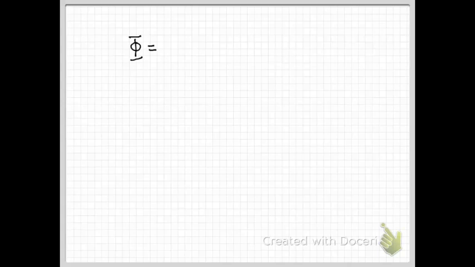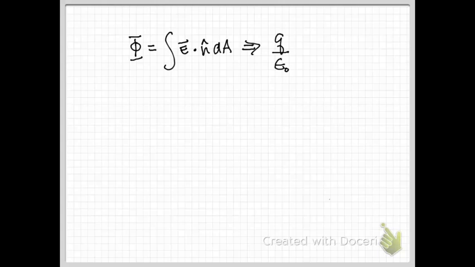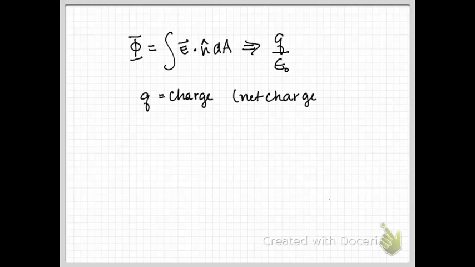You're going to have the flux is equal to the integral of the electric field, dot product with the normal field, dA, which can be written as Q over epsilon naught, where Q is the charge, and this is going to be a net charge because superposition is still valid.